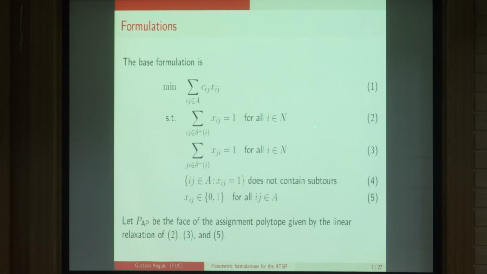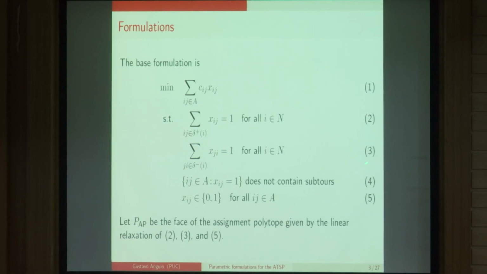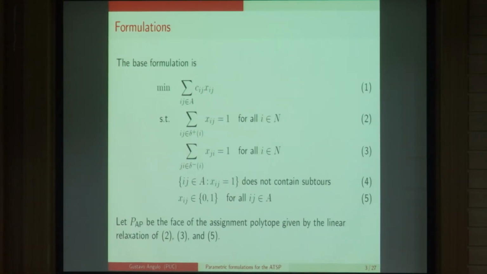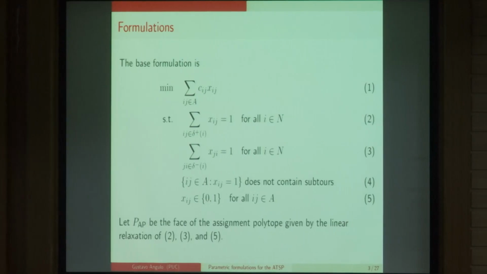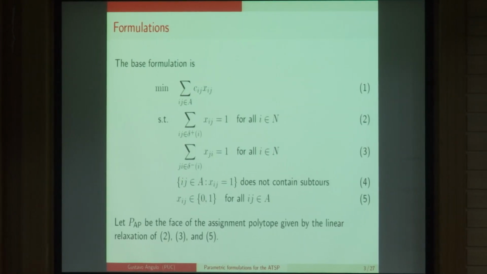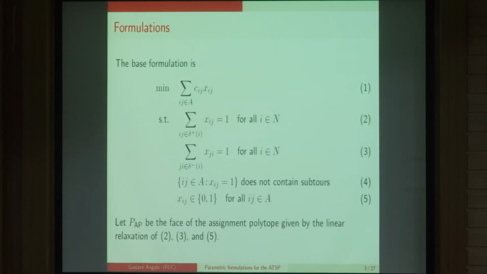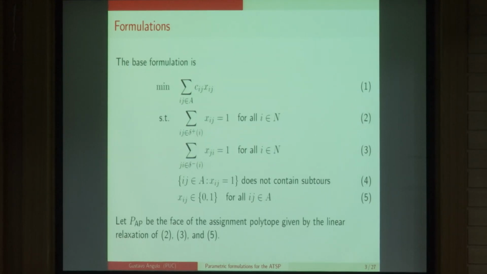We know that if we consider only 2, 3, and 5, this is not a valid formulation because we can have subtours. And these three constraints, if we consider the linear relaxation, we have a phase of the assignment polytope. I will denote that particular polytope PAP, for assignment polytope. That will be part of the talk, okay?